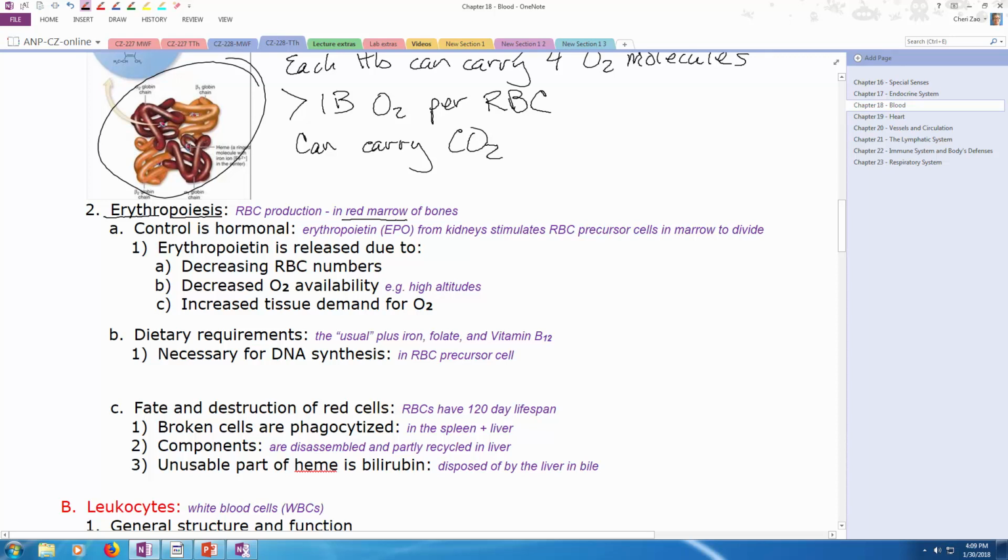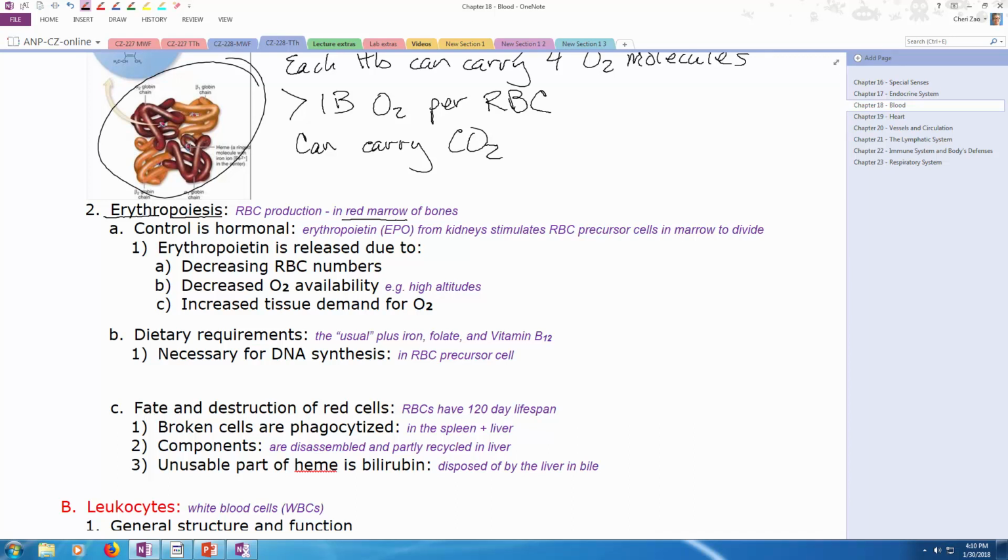Do you remember where the red marrow is located in an adult? It's in the diploe of flat bones: our skull bones, our sternum, our ribs, and even portions of our ileum.